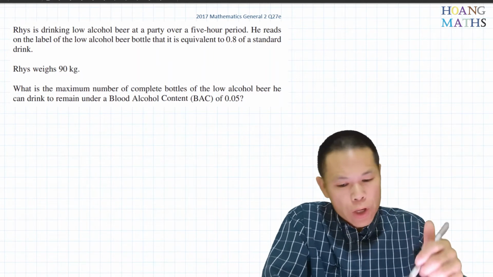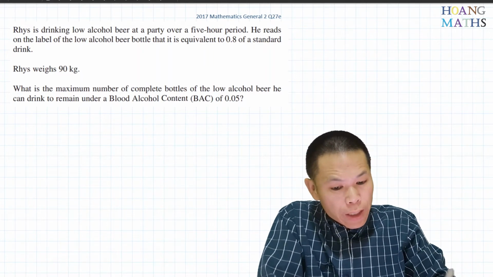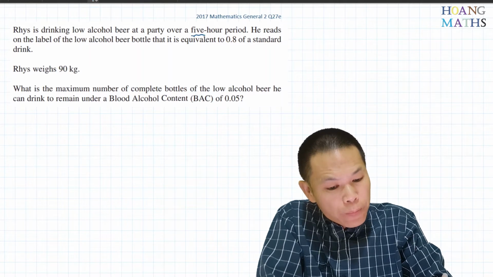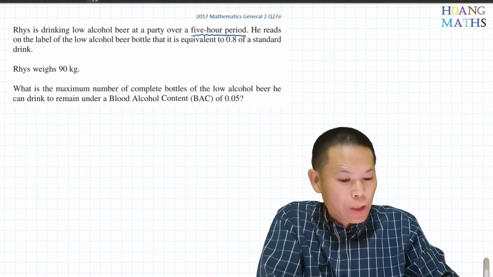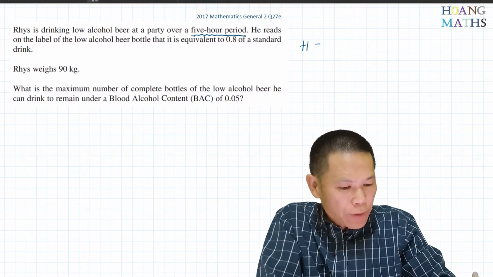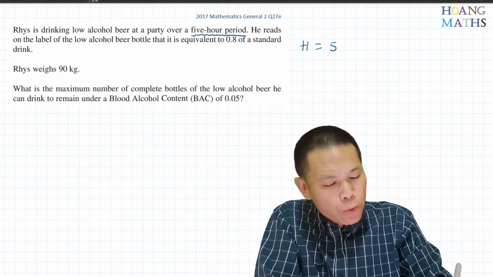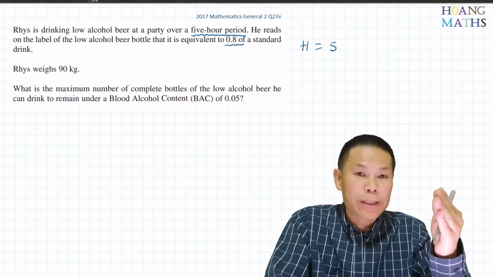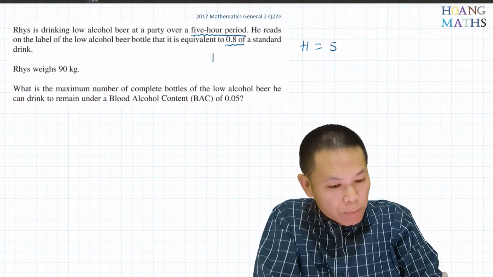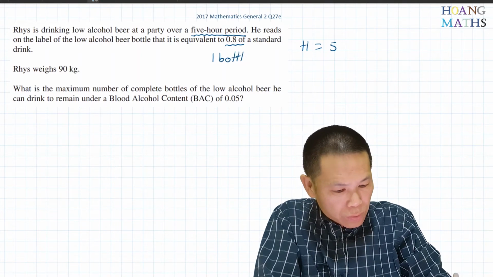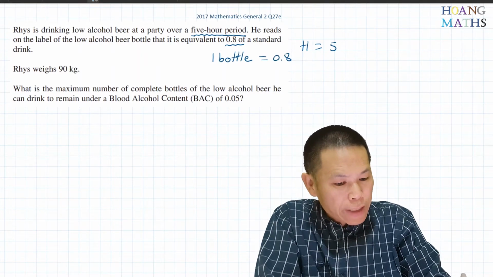So first of all, we know that Reese is drinking over a period of 5 hours. So H is equal to 5. And we know that each bottle is equal to 0.8 of a standard drink. So one bottle is equal to 0.8.